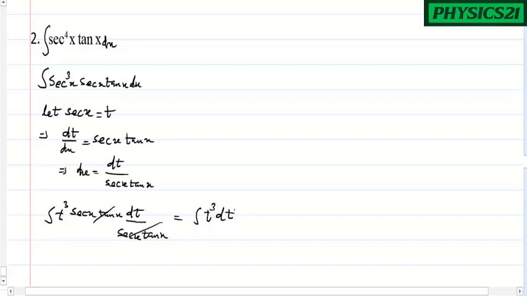Now it can be integrated very easily. Its integral will be t⁴ divided by 4 plus c. Now we return the value of t, so we get sec⁴ x divided by 4 plus c. That will be the integral of the given function.